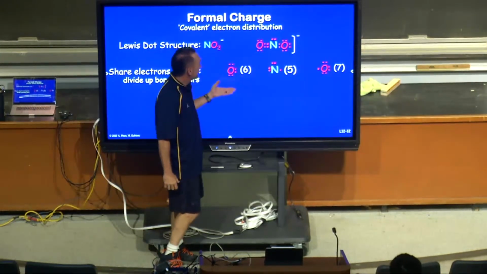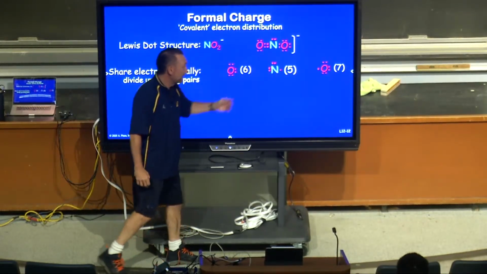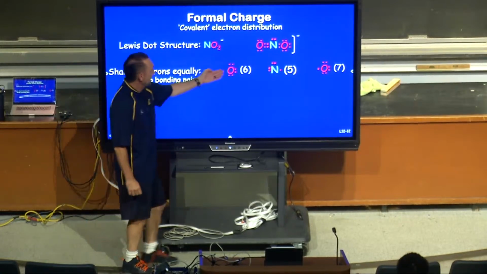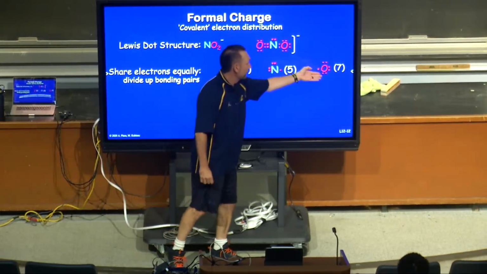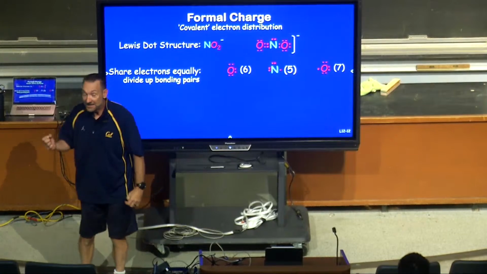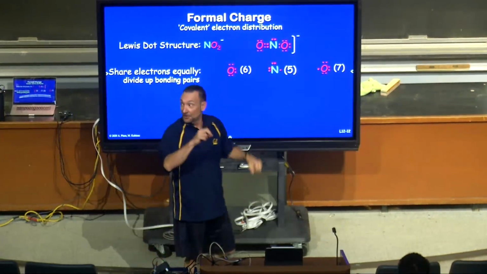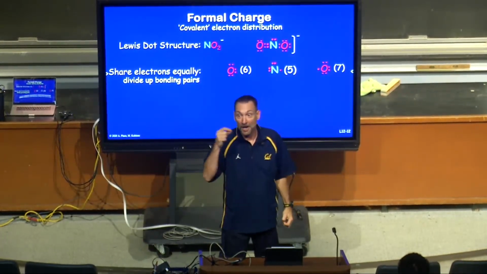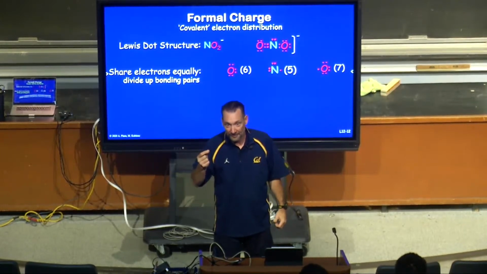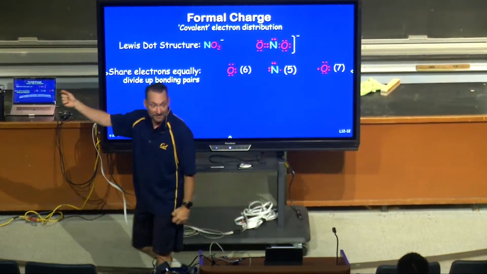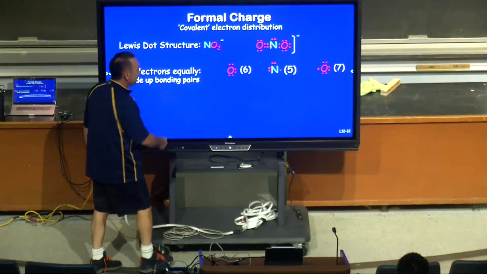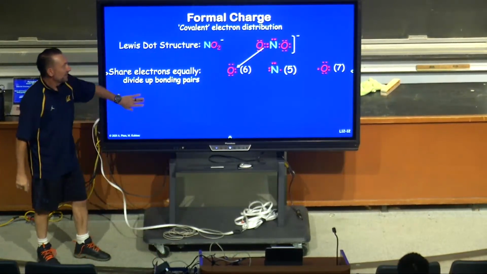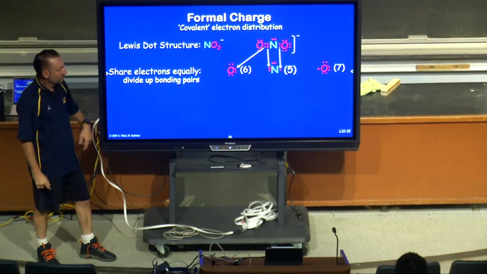So I've divided the electrons up by sharing them, and then I count the number of them. There's 6 there, there's 5 there, there's 7 there. So that's the number of valence electrons in the molecule. But we know the atom has its own valence electrons. So what are the valence electrons in the molecule?